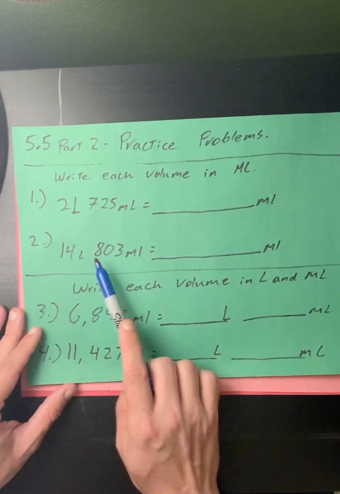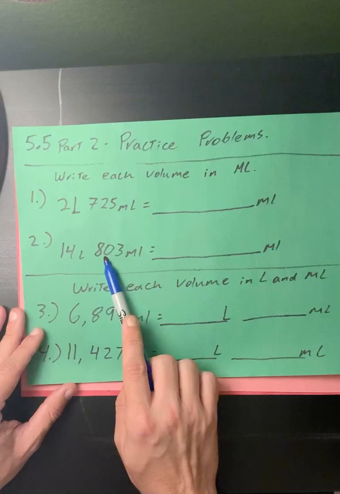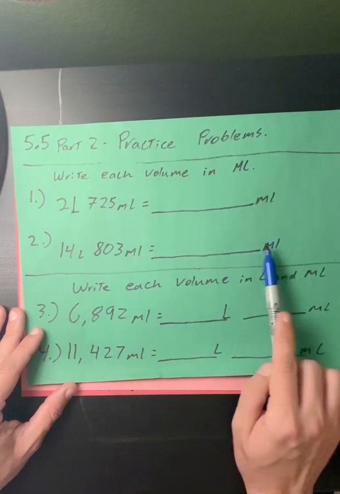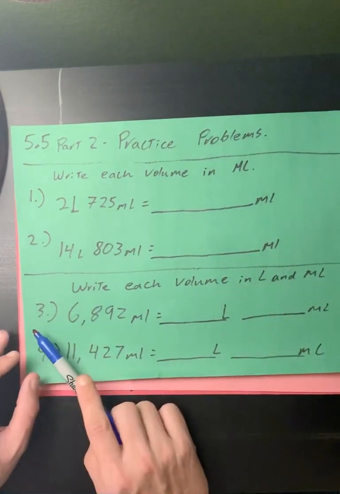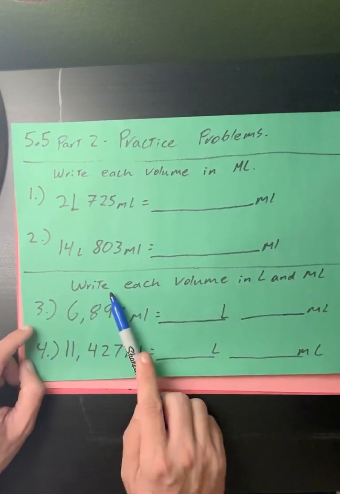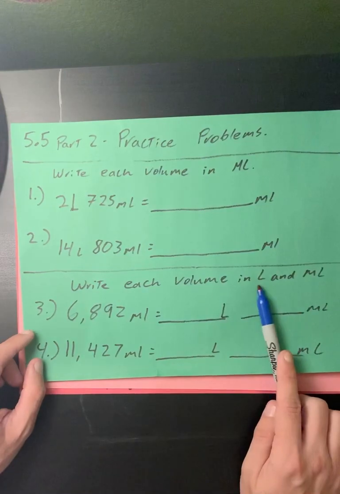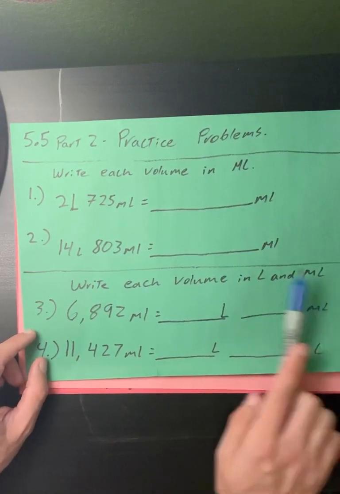Problem 2, if you have 14 liters and 803 milliliters, how many total milliliters would you have?